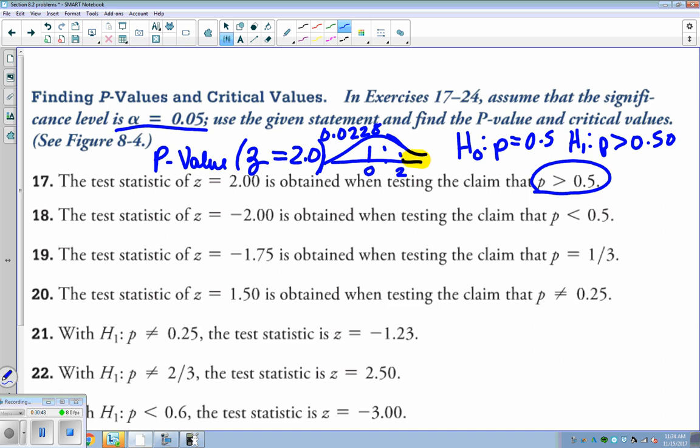So my p-value is 0.0228. So right then and there, if I'm testing at an alpha of 0.05, is 0.0228 less than 0.05 or more than 0.05? Less. Is it going to fall in this area? Yeah, it's going to fall in that area. That would mean what? I'm going to reject my null hypothesis.